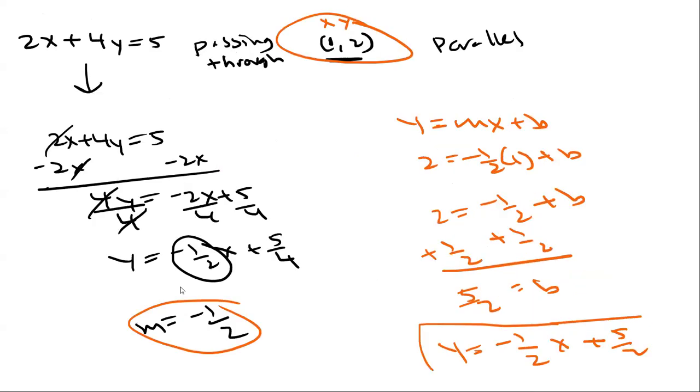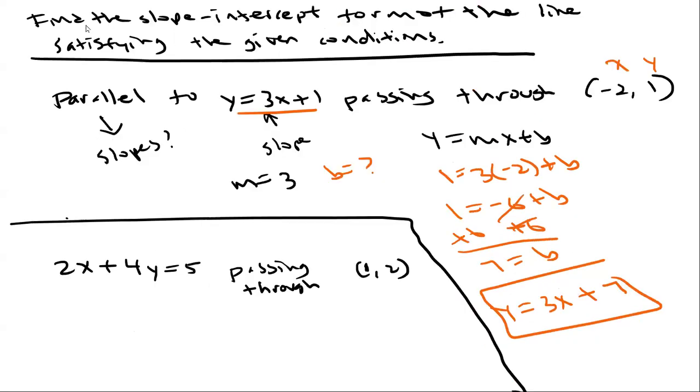Okay. So our next part is the same question: find the slope-intercept form, but in this case, it has to be perpendicular, okay?